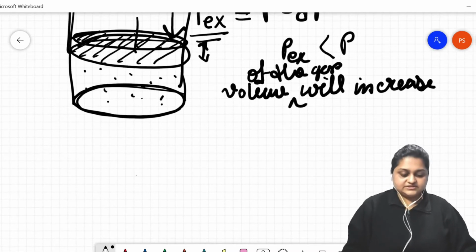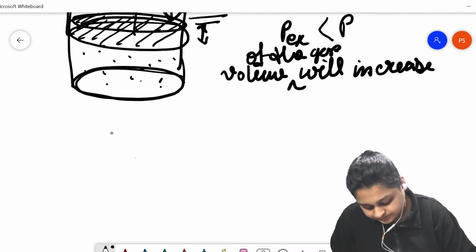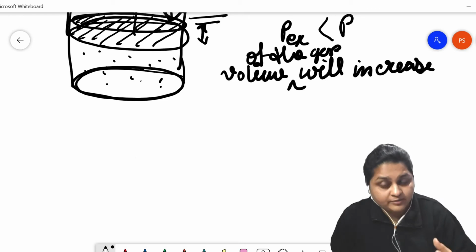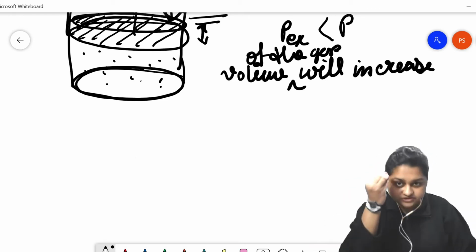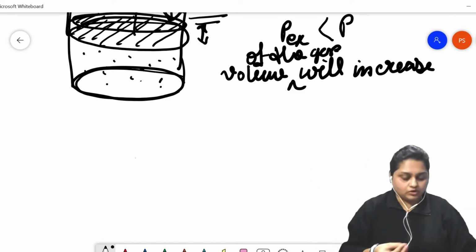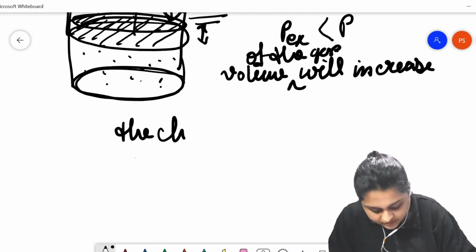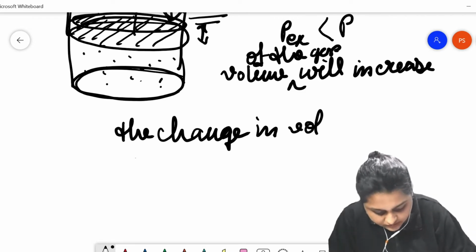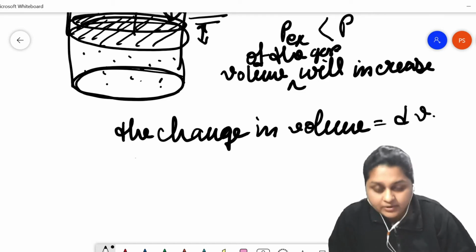Now this increase in volume is going to be equal to a very, infinitely small amount, because the change in the pressure due to which this volume is increasing is an infinitely small change in the pressure, which will produce an infinitely small change in the volume also. So the change in volume, which is in this case an increase, is dV amount.